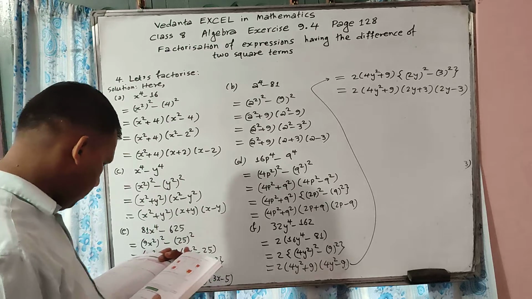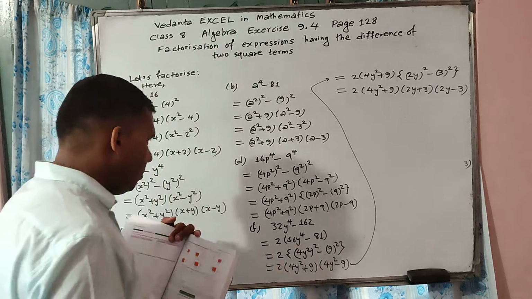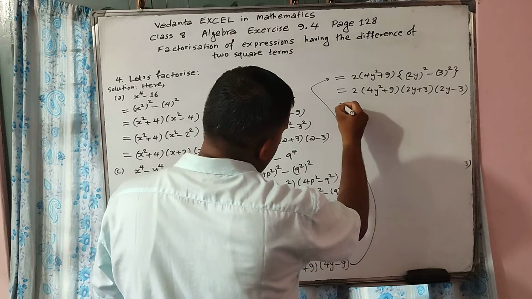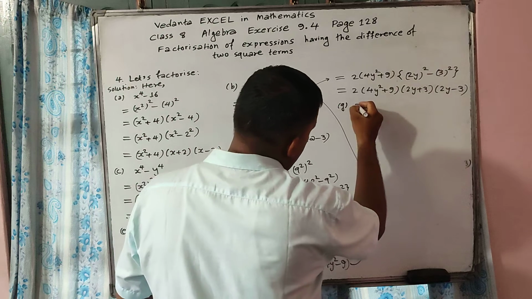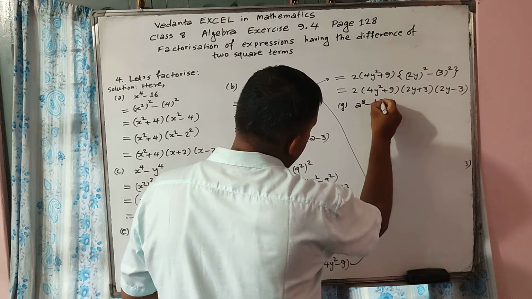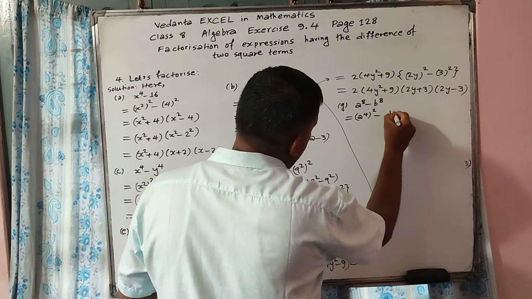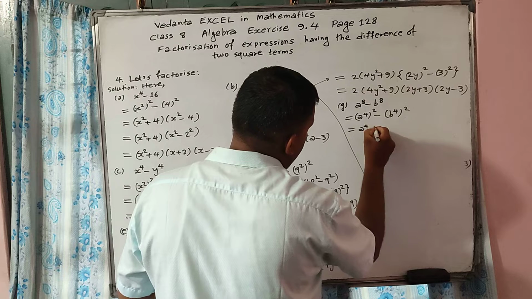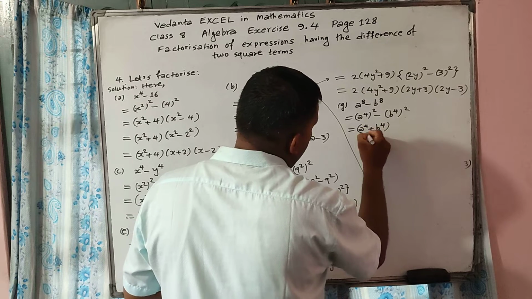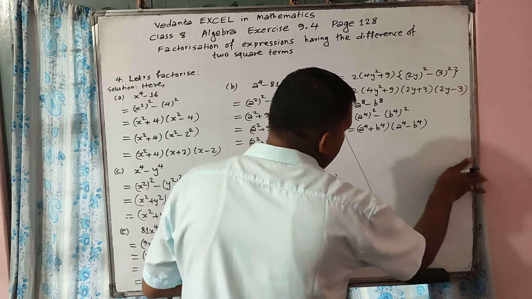Now for g, on g we have a to the power 8 minus b to the power 8. This is equal to (a to the power 4) whole square minus (b to the power 4) whole square, equal to (a to the power 4 plus b to the power 4) into (a to the power 4 minus b to the power 4).